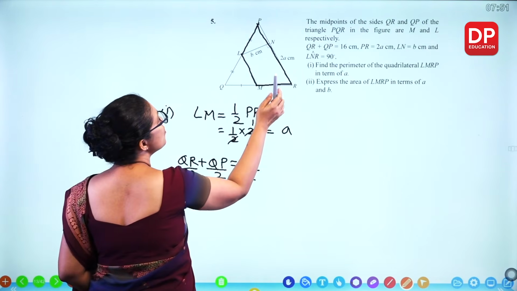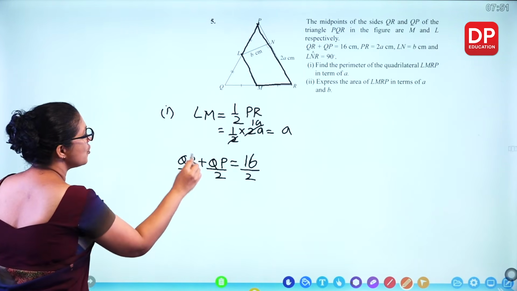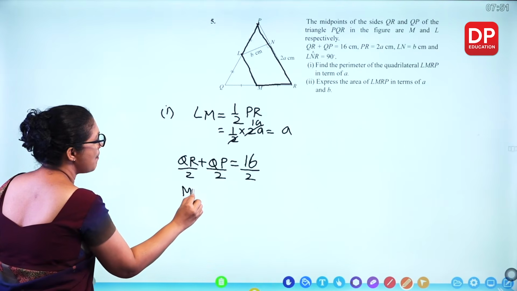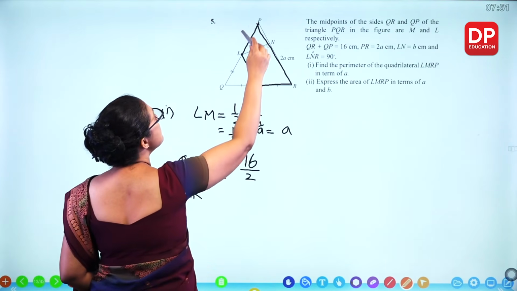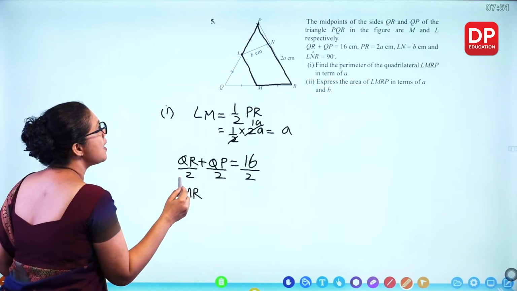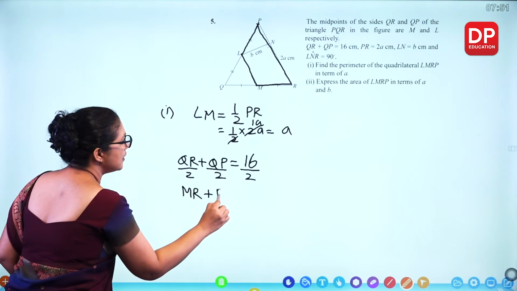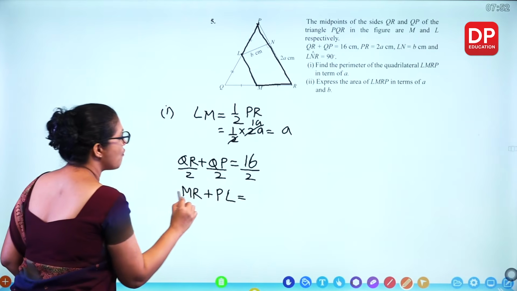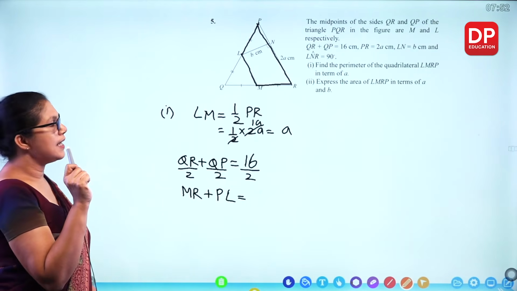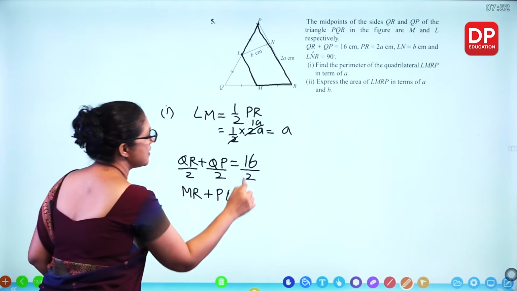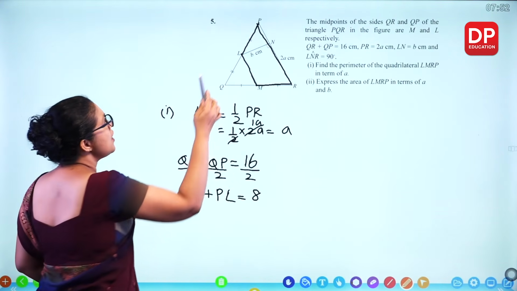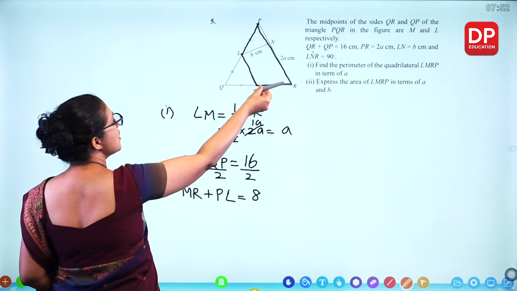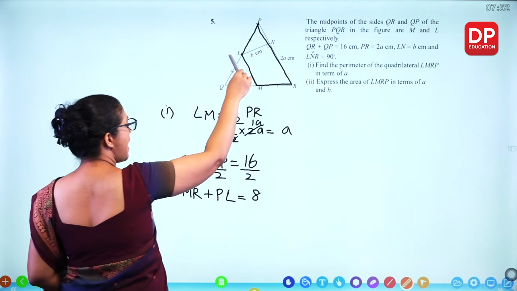QR divided by 2 is MR. So you can write this is MR. QP divided by 2, you can write PL. So the sum of MR and LP, that's equal to 16 divided by 2 is 8. Now we know these two lengths is equal to 8 and this is 2A and this is A.